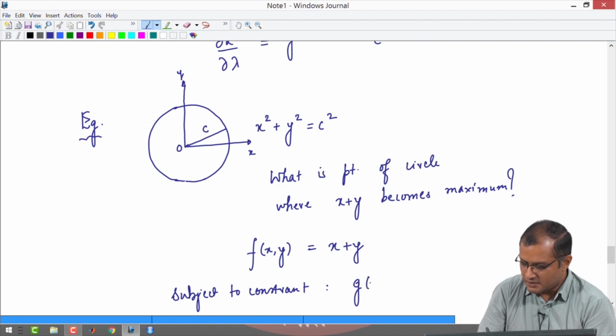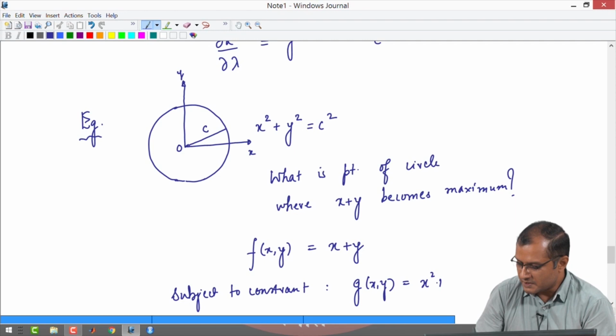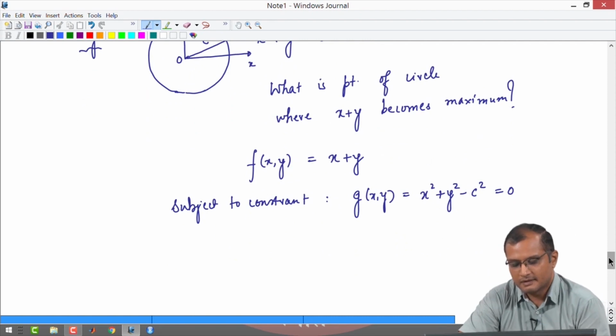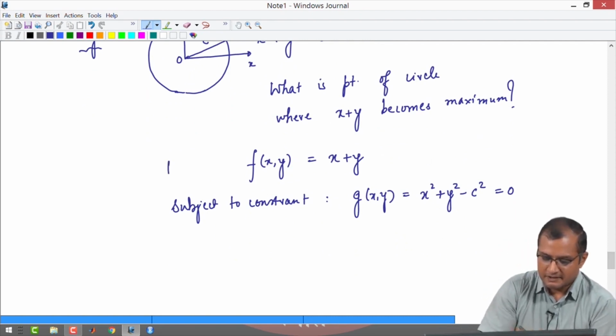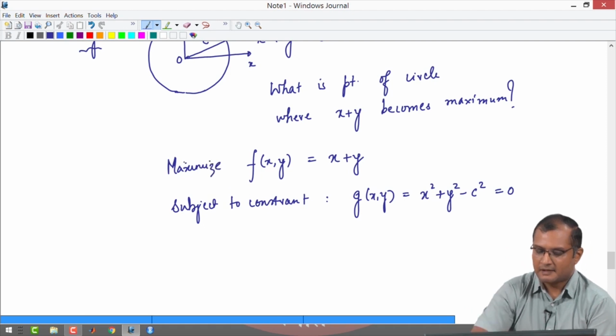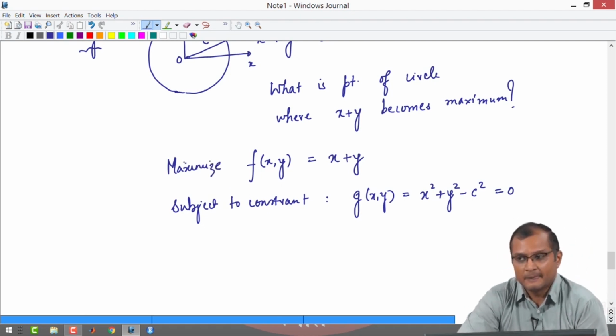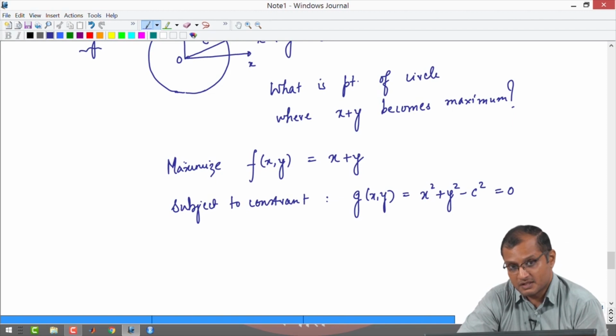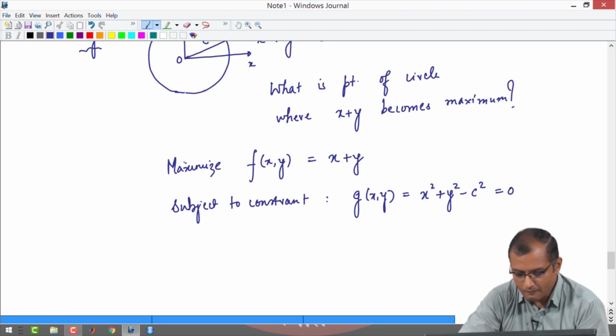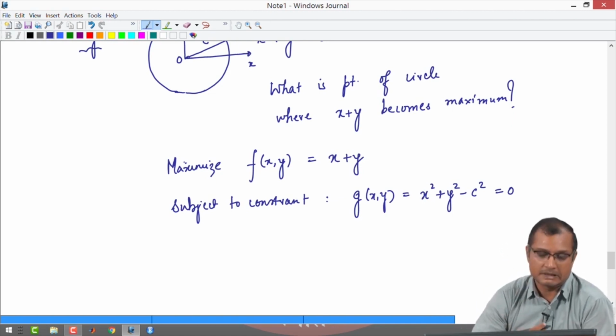My constraint is g of x y, which is equal to x square plus y square minus c square equals to 0. Okay. So, basically this problem means you have to maximize this function x plus y on the circle. So, the constraint is that x square plus y square minus c square is 0, which is my g of x y, and I can use the Lagrange multiplier method.